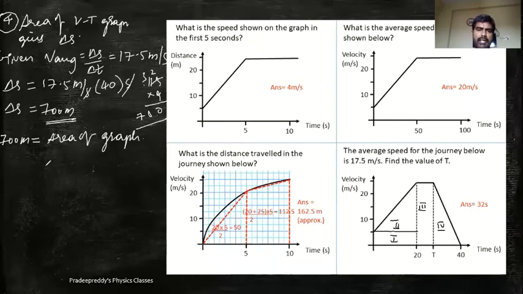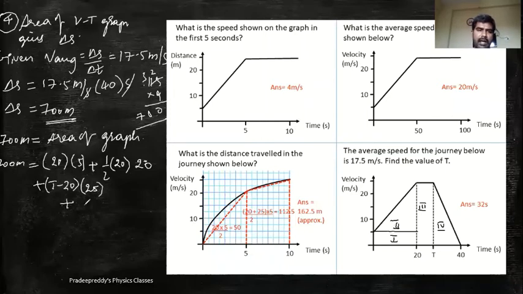So that gives you 700 meter is equal to, first one it is a rectangle, that is 20 into 5, plus second one it is a triangle, half into base 20 into height 25 minus 5, that is 20, plus third one is a rectangle, t minus 20 into vertically it is 25 minus 0, that is 25, plus last one it is a triangle, half into base 40 minus t, height it is 25 minus 0, that is 25.